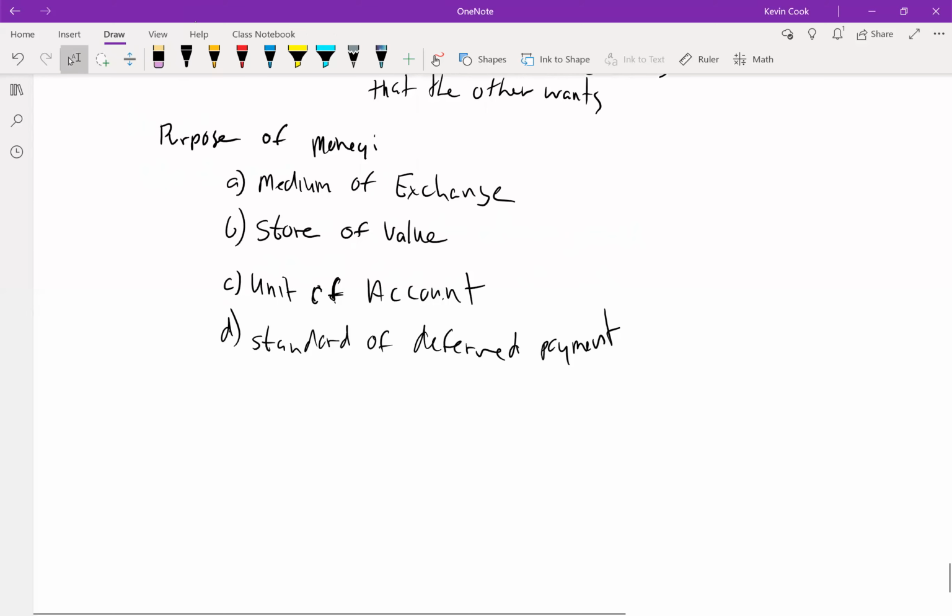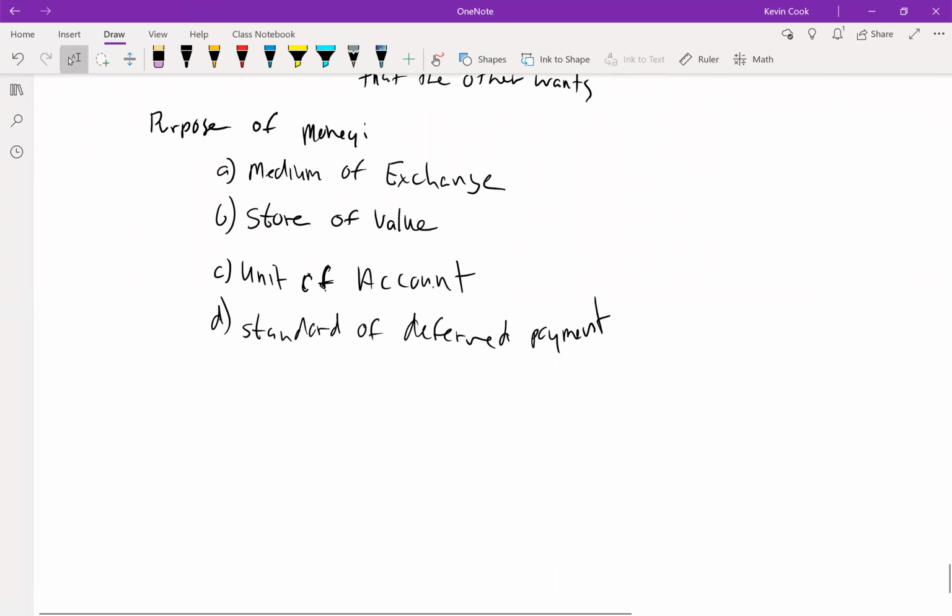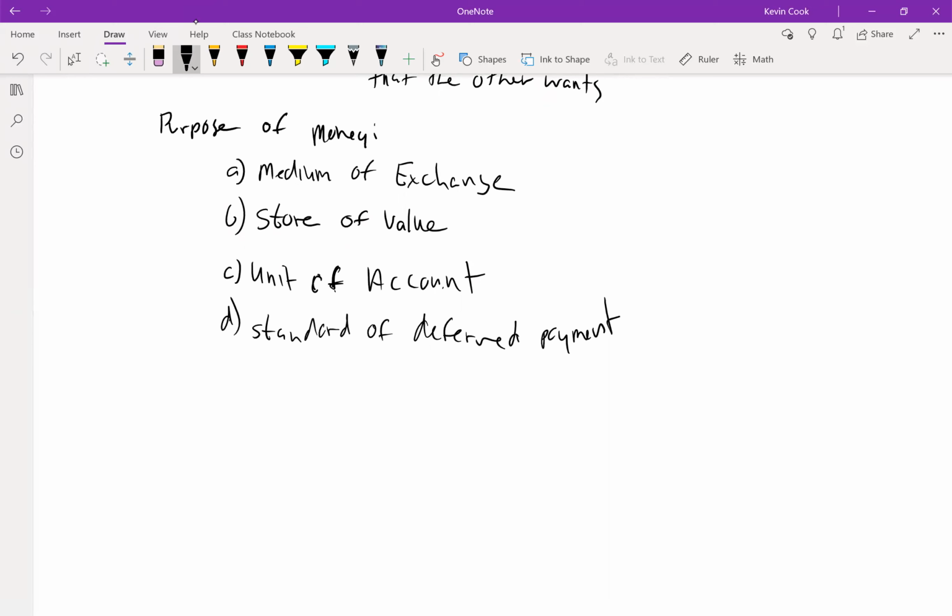So after we introduced money and looked at what it is, we got into the question of how much money is there. And for this, the real question was, what kind of money do we have? So we had our M1 money, which included our currency, our demand deposits.